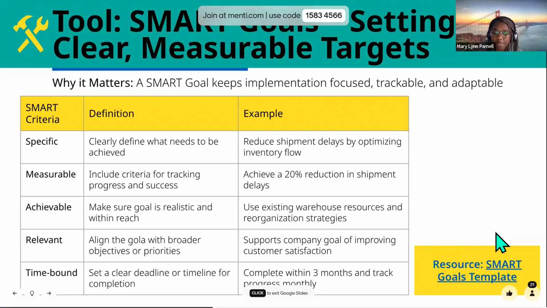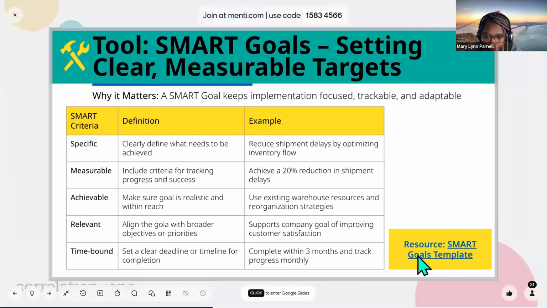So we'll say things like, we're going to reduce shipment delays by optimizing inventory flow. Very clear action. We're going to achieve a 20% reduction in shipment delays. We're going to use existing warehouse resources and reorganization strategies, and it's relevant because it's supporting the company goal of improving customer satisfaction. And we will complete it within 3 months and track it monthly.